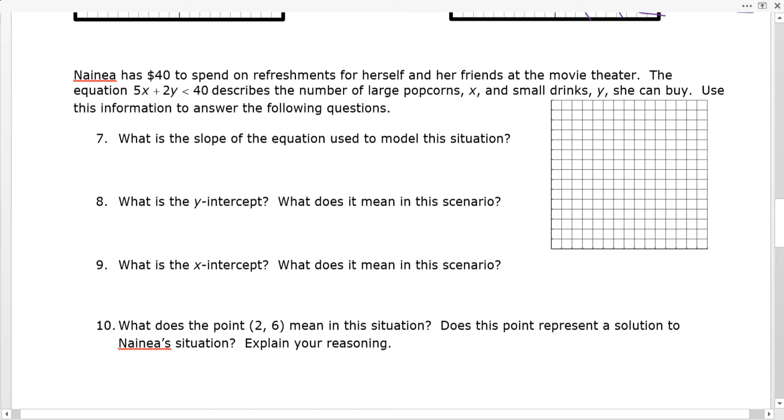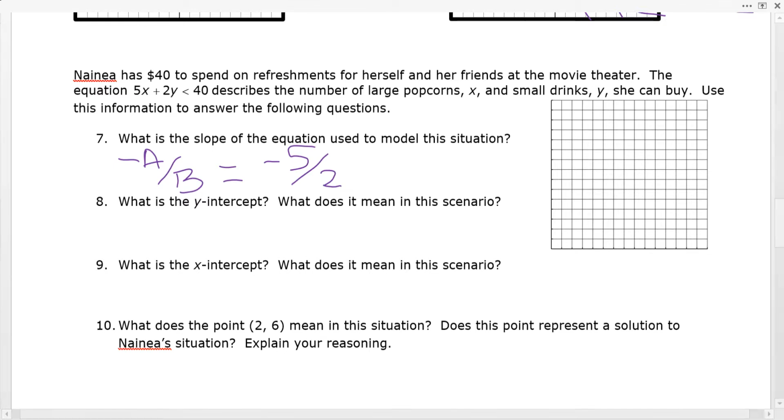So when we have 5x plus 2y is less than 40, if you remember, the slope is minus a over b. A is 5 and b is 2. So we're going to have negative 5 halves as our slope. The y-intercept, because I have y is drinks, and x is popcorn.